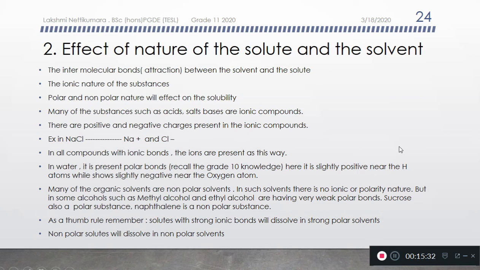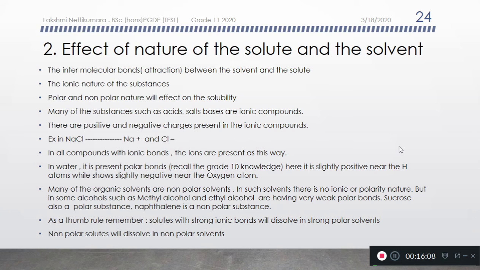The second and third factor I took together, effect of nature of the solute and the solvent. To understand this, you have to refer the bond lesson in grade 10 textbook, or you have to watch my grade 10 video on bond formation. In chemical bonds, you have learnt about the polarity. We can divide the substances into polar and non-polar substances.